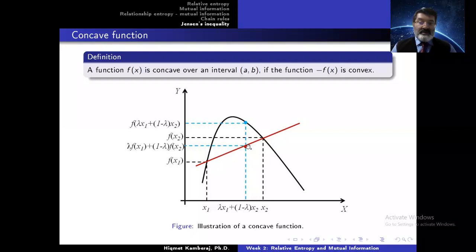Now we can notice that the red dot here is always below the f of x, and this is for every point between x1 and x2 on the red curve. All these points are below the f of x function. If this is the case, then f of x is a concave function. So this is kind of an illustration.